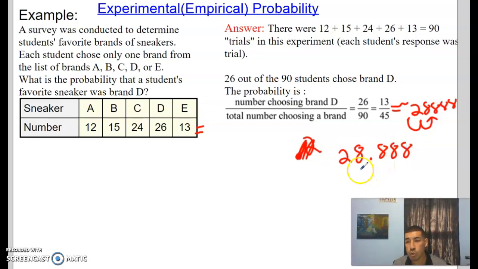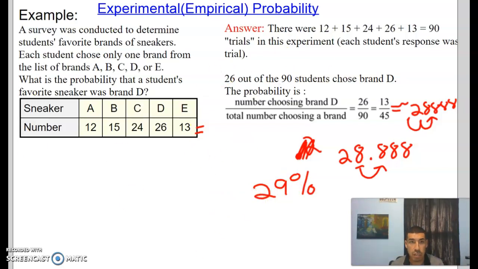And what we're going to do is round to the whole number. So this 8 looks at this 8, and this 8 here is 5 or greater than 5. It's actually greater than 5, but if it's 5 or greater than 5, we round up. So the 28 becomes 29%. Okay? So now, this is how you do this problem.